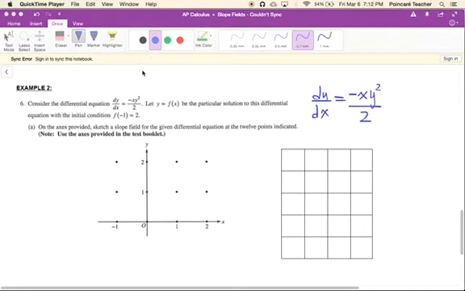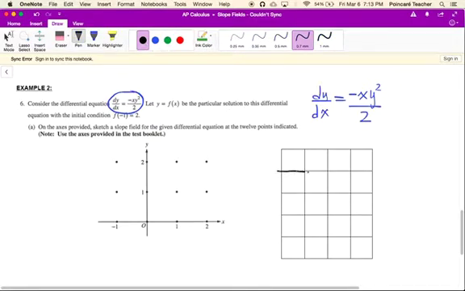So we're going to do a second example. Here's a differential equation, dy/dx equals negative xy squared over 2. And I'm going to set up my table with the x and y values. I draw these bold lines in just to make them clear. And then my x's are going to go down that way.